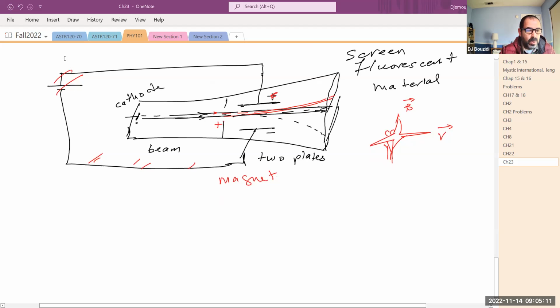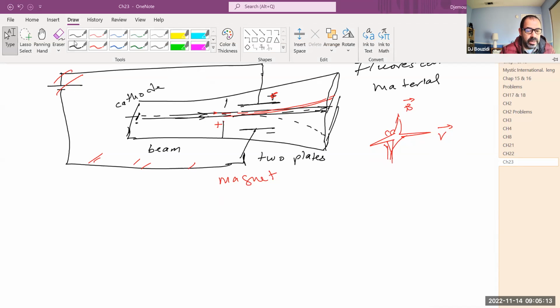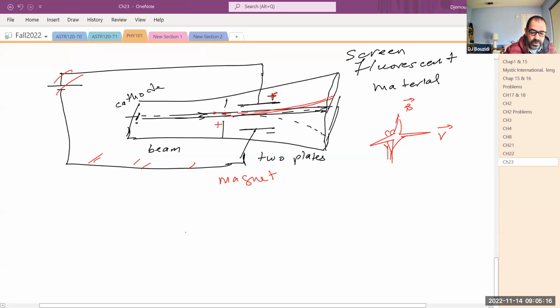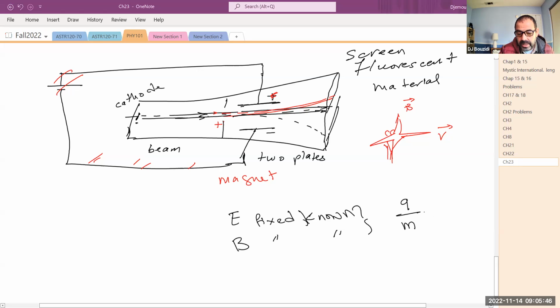Here is the deal, though. What Mr. Thomson did, actually, J.J. Thomson, because his son also worked in this field, so usually they refer to the original one as J.J. Thomson. If the electric field is fixed and known, and the magnetic field also is fixed and known, what he ended up doing was finding the ratio of the charge of these particles over their mass.